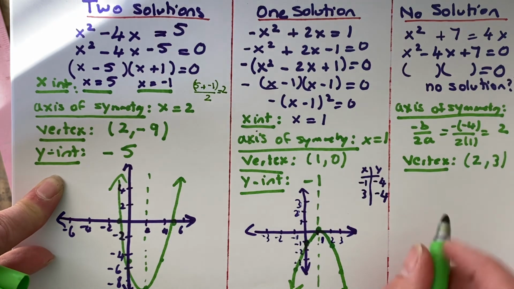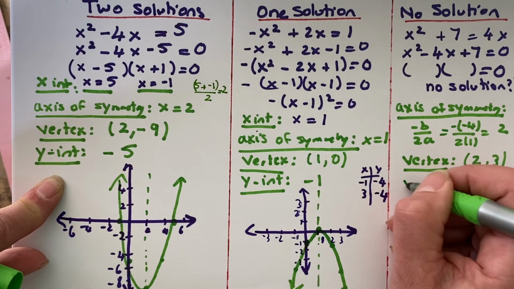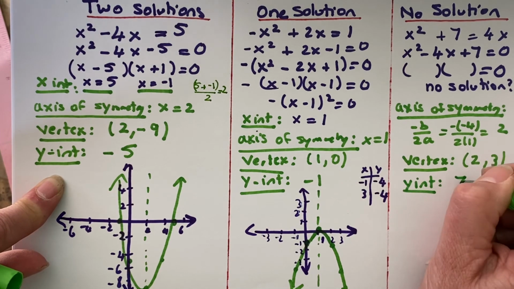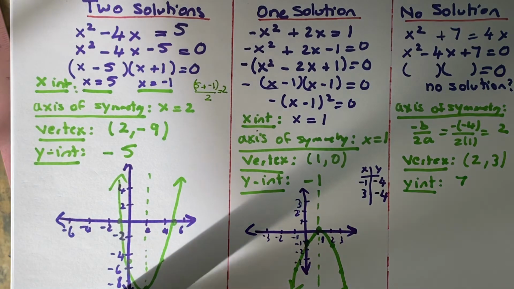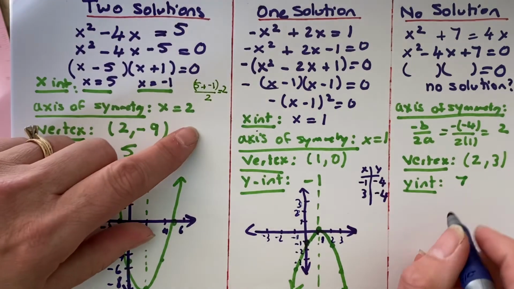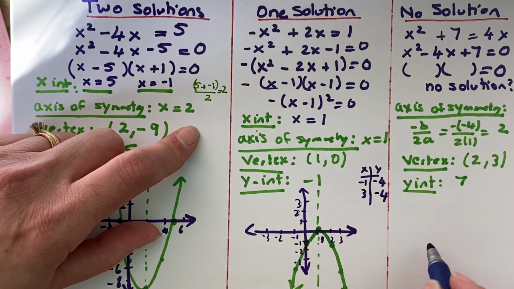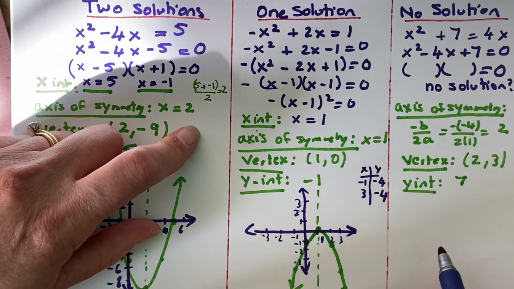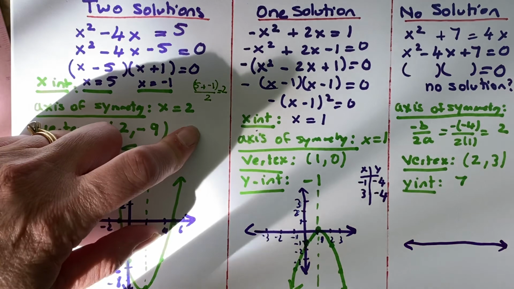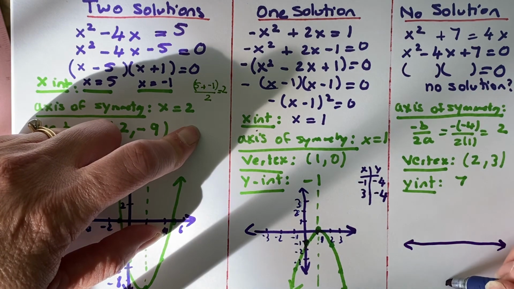Yes, that works. And do I have a y-intercept? I have a y-intercept of 7. Okay, well, I have enough information for sure to start this graph. And if you even look at the vertex, right away you can see, aha, that's why this thing isn't going to work as far as finding a solution. That's way above that x-axis.